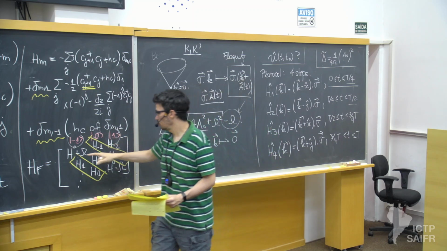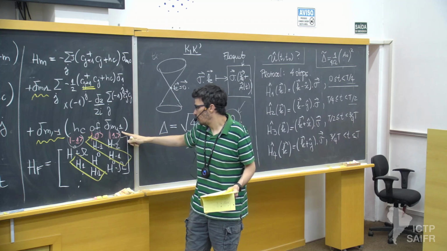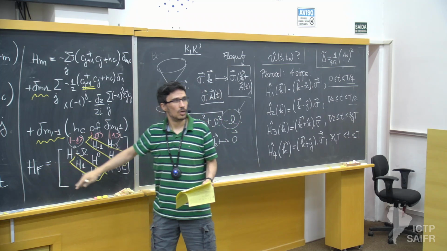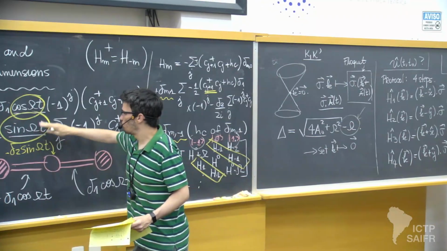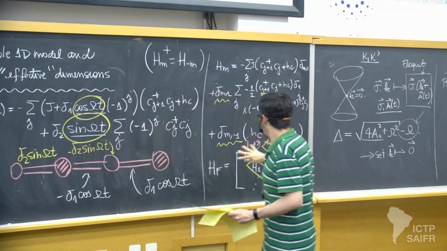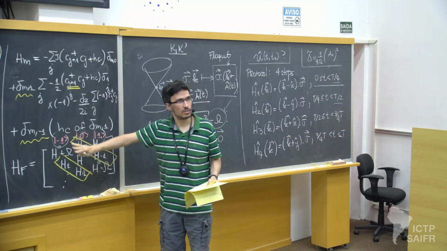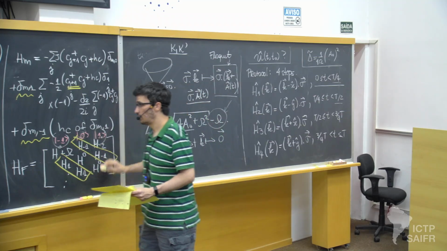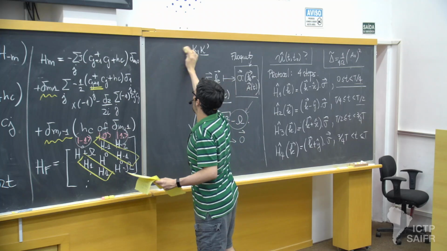You start from 0, you end up in minus 1, so emitting one photon. But you can also start from 1, emit one photon, and go to 0. So don't confuse having only m equals 1 and minus 1 here with not having this matrix with many, many non-zero components. This was a question that I got a lot during the exercise session yesterday.